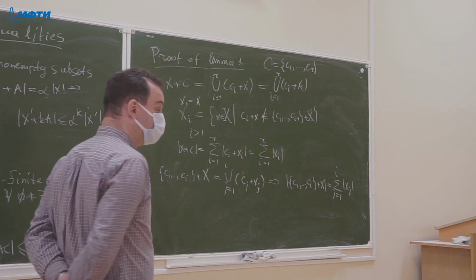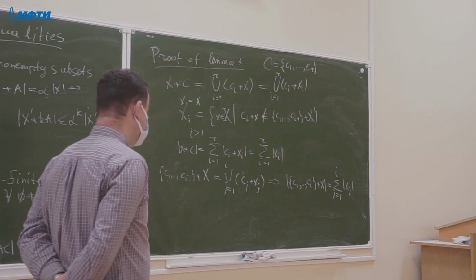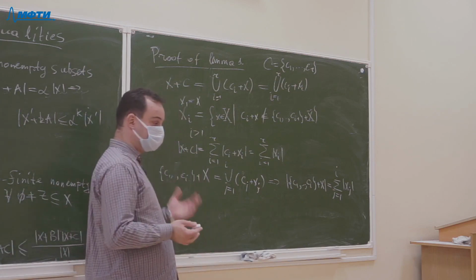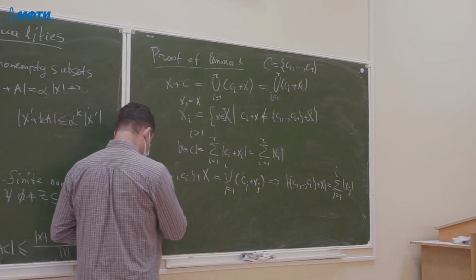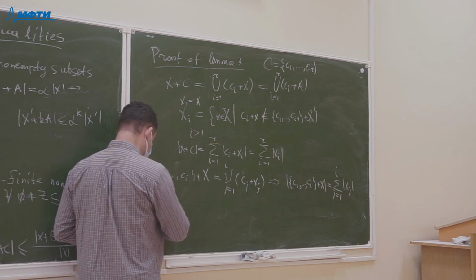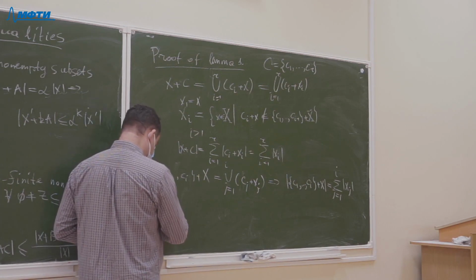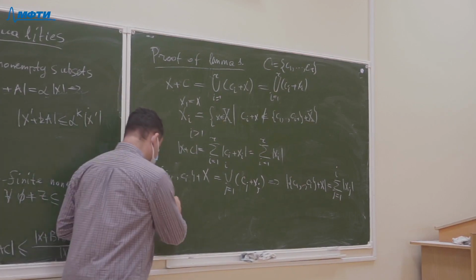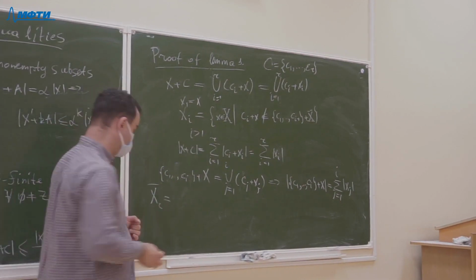Now here, let's denote X_r complement. This is X minus X_r.